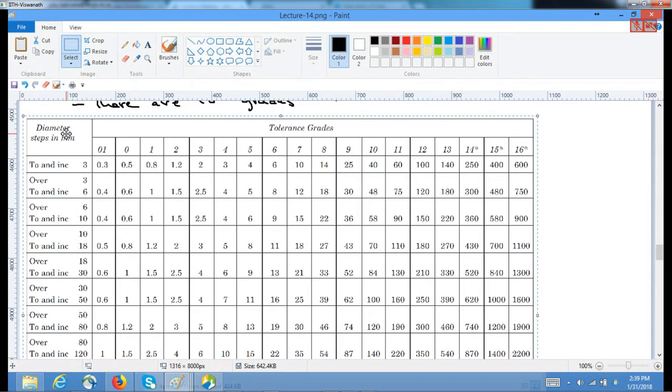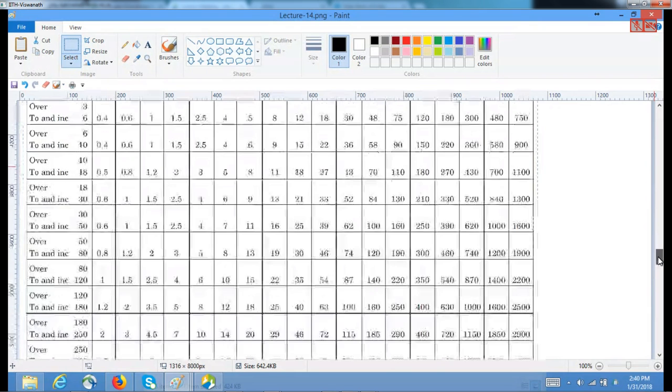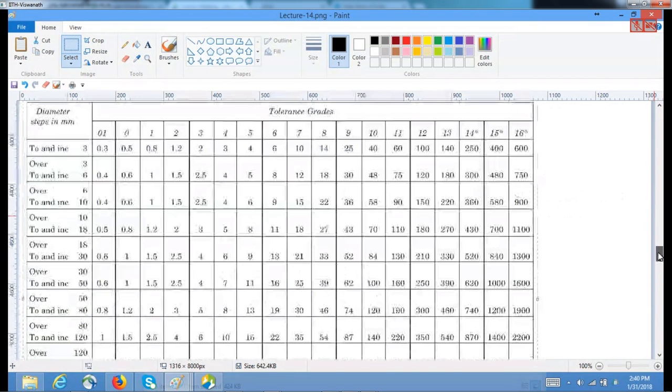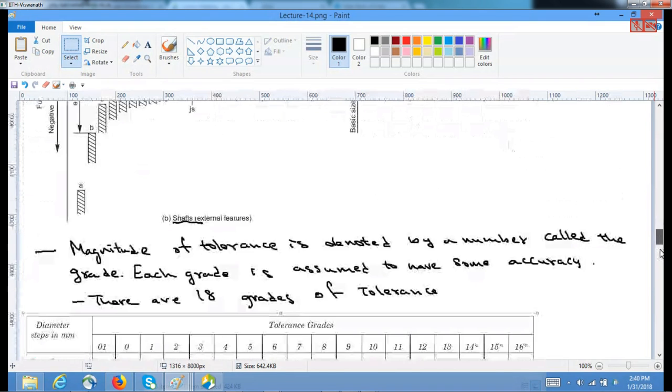And you can see that for the different diameters, which are mentioned in mm, the different tolerance grades have different magnitudes. So up to and including 3 mm as a diameter, a grade 3 tolerance has 2 micrometers as the magnitude of the tolerance.